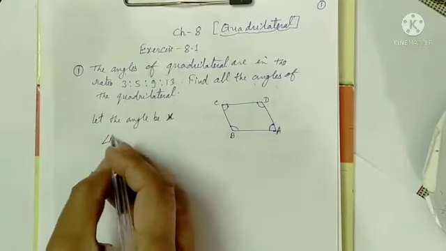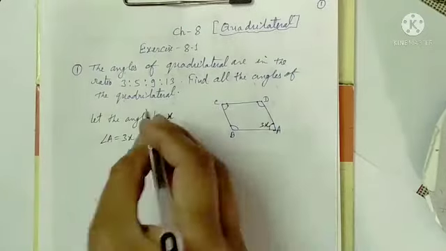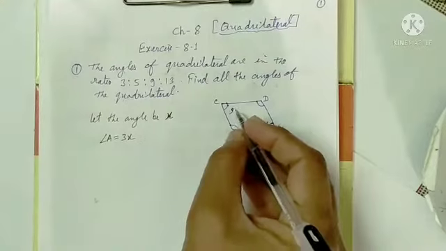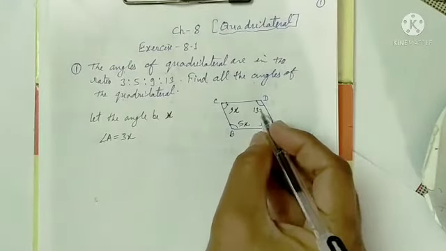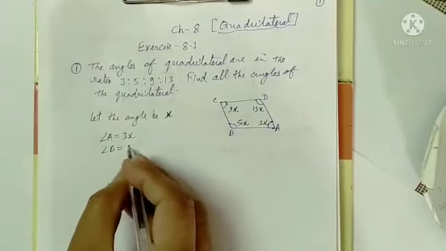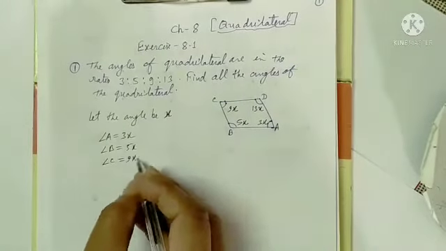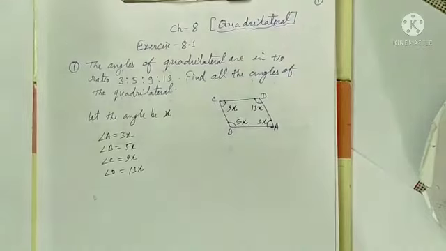We have taken angle A as 3x, angle B as 5x, angle C as 9x, and angle D as 13x.